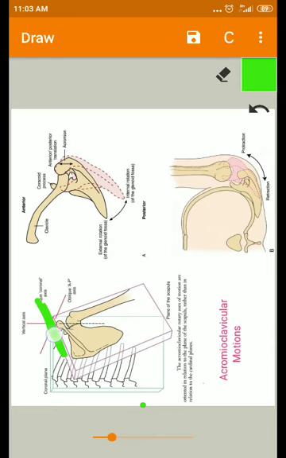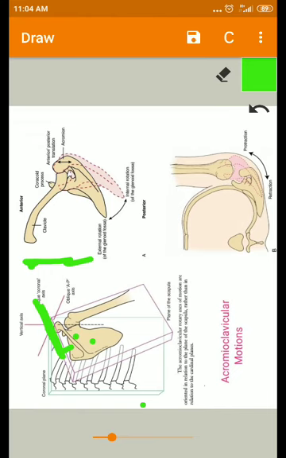Normally, this anterior and posterior tilting takes place during elevation and depression of the scapula. So elevation and depression of the scapula takes place in the oblique coronal axis.